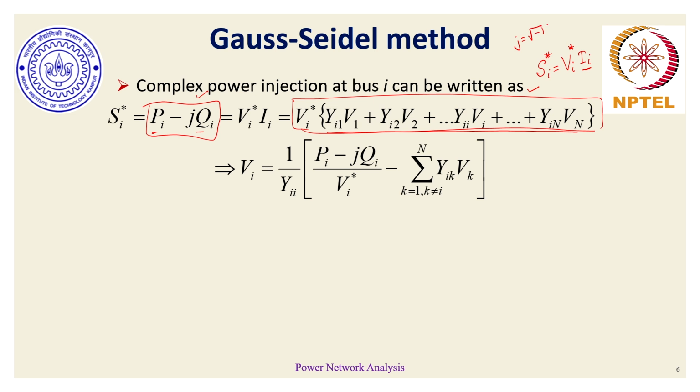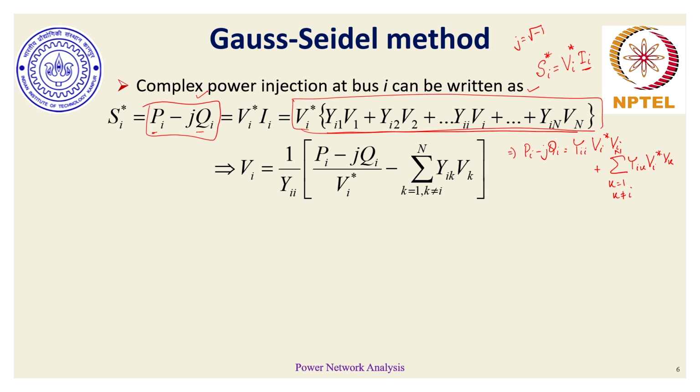If I rearrange this a bit, for example, if I focus on these two boxes, then I can rewrite the entire equation as P_i minus jQ_i is equal to Y_ii V_i conjugate V_i plus the sum over k equal to 1 to n of Y_ik V_i conjugate V_k, where k is not equal to i.